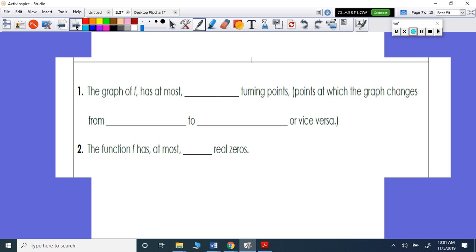All right, so the formal definition here. Your graph has at most n minus 1 turning points, where the graph changes from increasing to decreasing, or vice versa. And the function has at most n real zeros. So that n is represented by the highest degree.